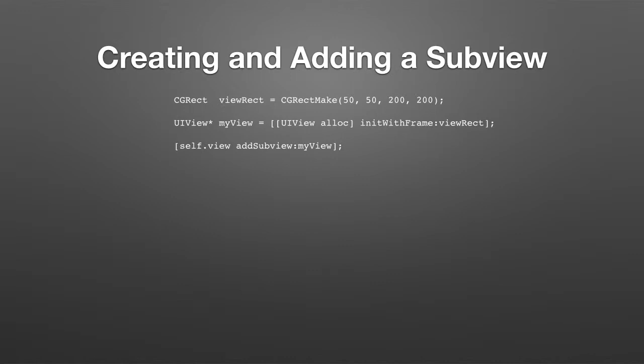Now, assuming I have an object that has a view already, in other words, I'm adding a subview to a view, and view controllers do have a view property, I would invoke an addSubview method on the view that I'm adding the subview to. Just to review, the rectangle is created using this rect make, so we have an X and a Y and a width and a height.